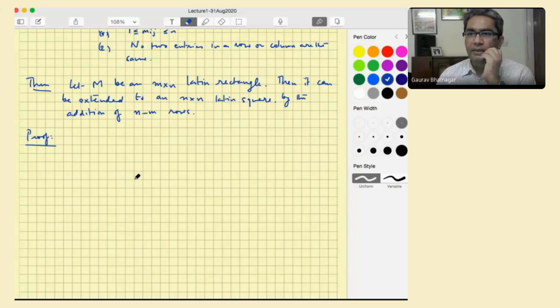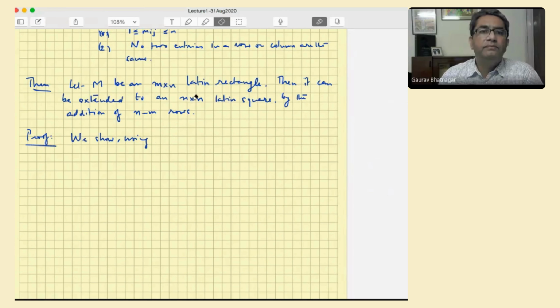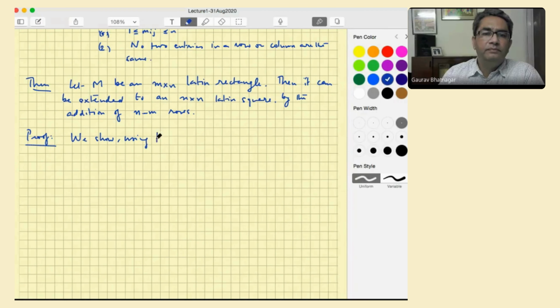So we show, using Hall's theorem, that one more row can be added.